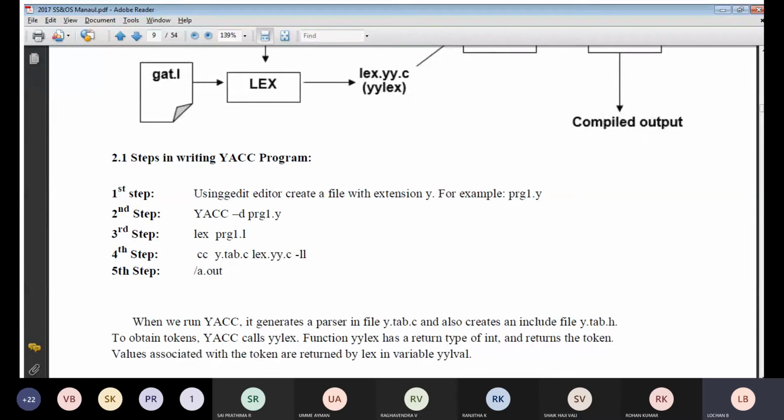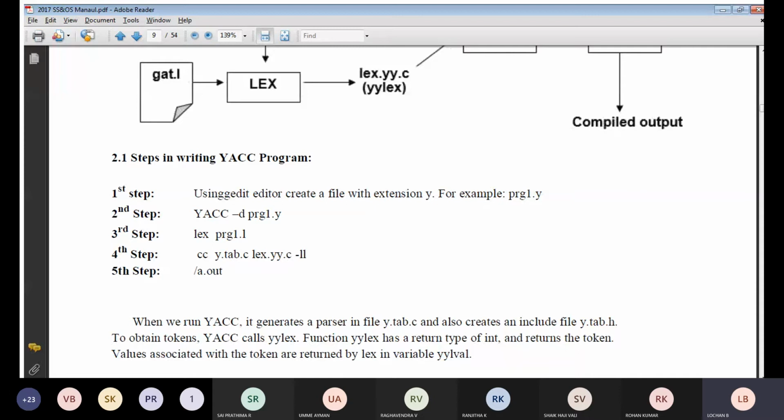Next is linking both your lex and yak file. Step 4 is nothing but we are going to link both lex and yak file, so we will be using the command cc y dot tab dot c. I told you why we will be using y dot tab dot c. For what purpose we are going to make use of y dot tab dot c is that it is mainly used for the communication between your lex and yak.